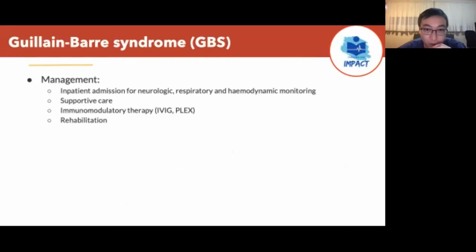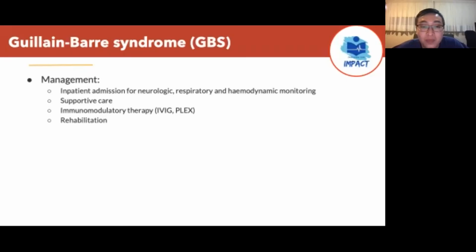Yeah, so we'll get to treatment in a second. So it is treatable. How do we treat GBS? I think there are several components to consider. We've already, Reg very rightly pointed out that we should be doing Q2 hourly forced vital capacities to monitor for respiratory depression, because that can be life-threatening.